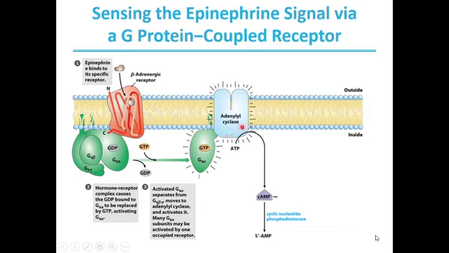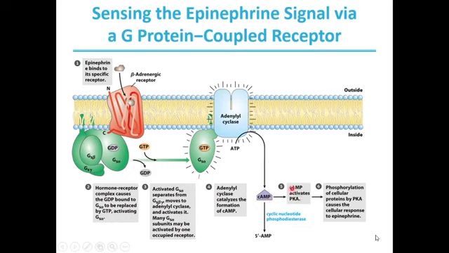Once adenylyl cyclase is activated, it catalyzes the conversion of ATP to cAMP, or cyclic adenosine monophosphate. And cyclic adenosine monophosphate acts as a second messenger.